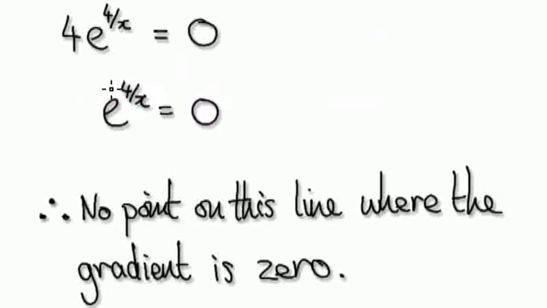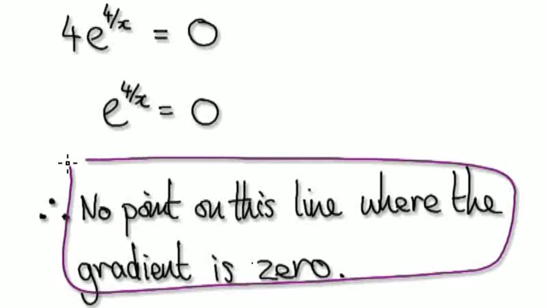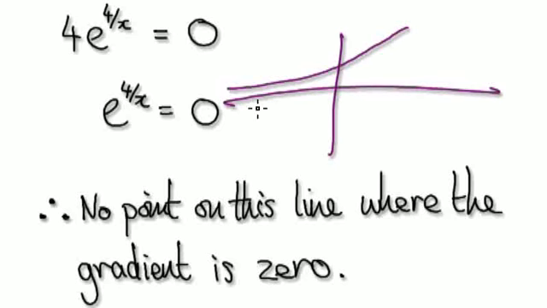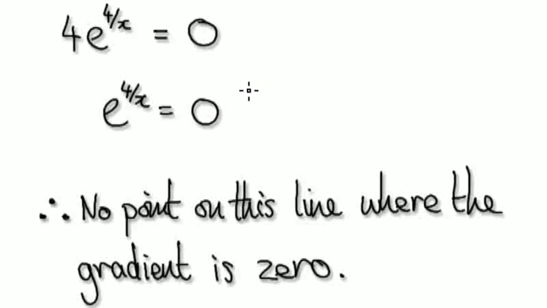The point is that at no point on the line is the gradient 0. If you head towards negative infinity, then the gradient will be flat, but it will never be 0. The gradient will be near 0, but it will never be 0.